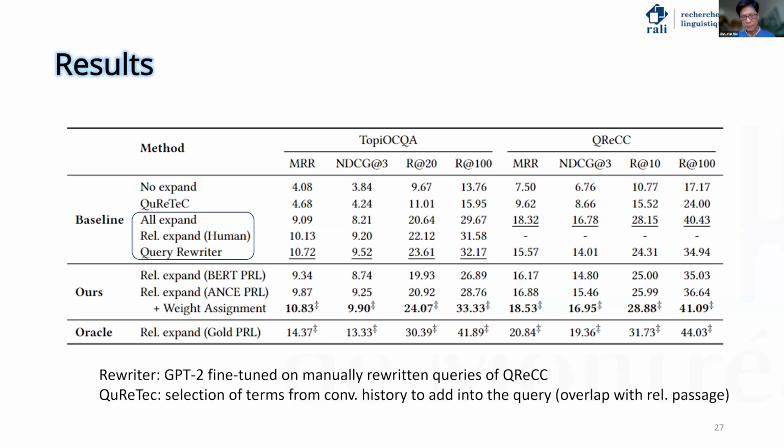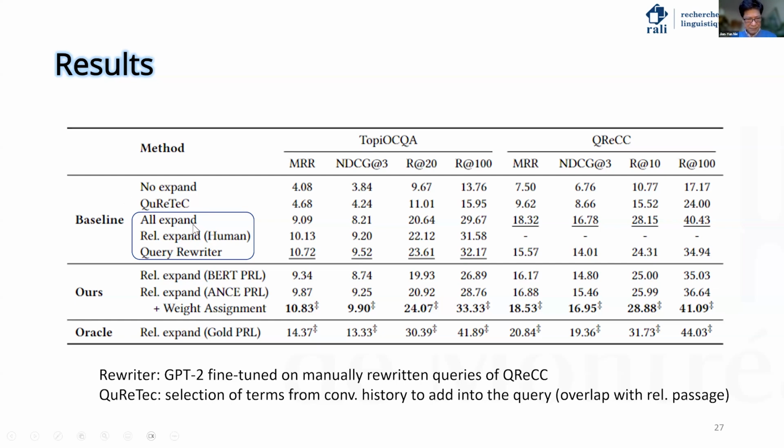So the idea is somehow similar, but here we have not only the signal about the overlap of terms between relevant document and the previous terms, but we really test the effectiveness in retrieval using the previous term or previous terms.